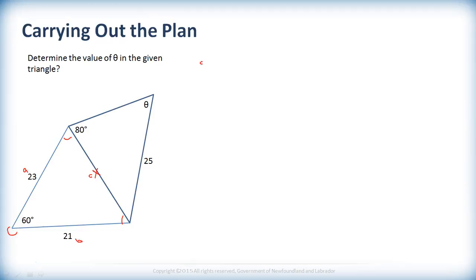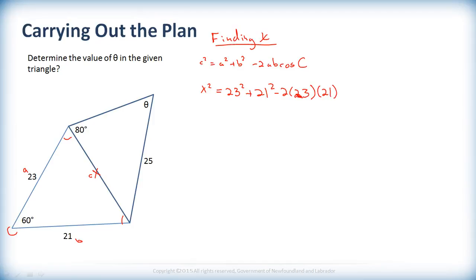So we're going to say that C squared equals A squared plus B squared minus 2AB cosine of angle C. And this is finding x, first of all. So we called that side x. Let's get that first. So filling in the details, we have x squared equals 23 squared plus 21 squared minus 2 times 23 times 21 times the cosine of 60 degrees.